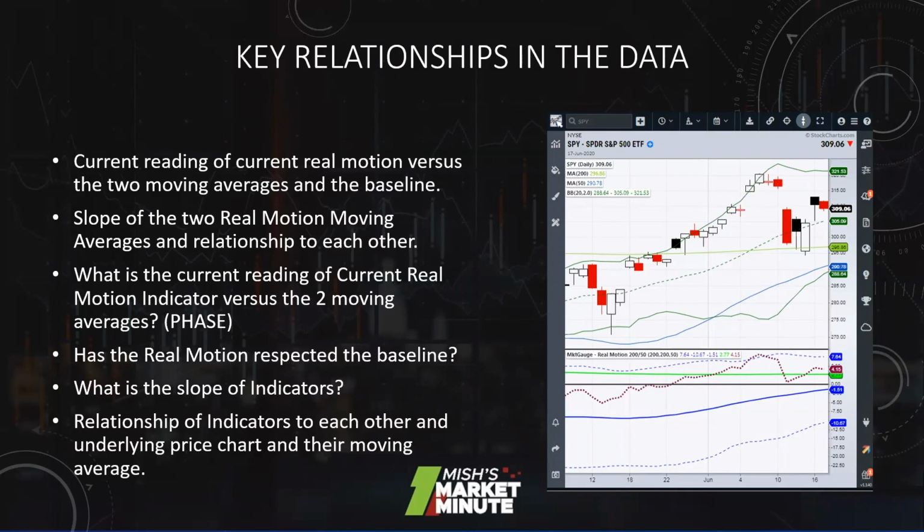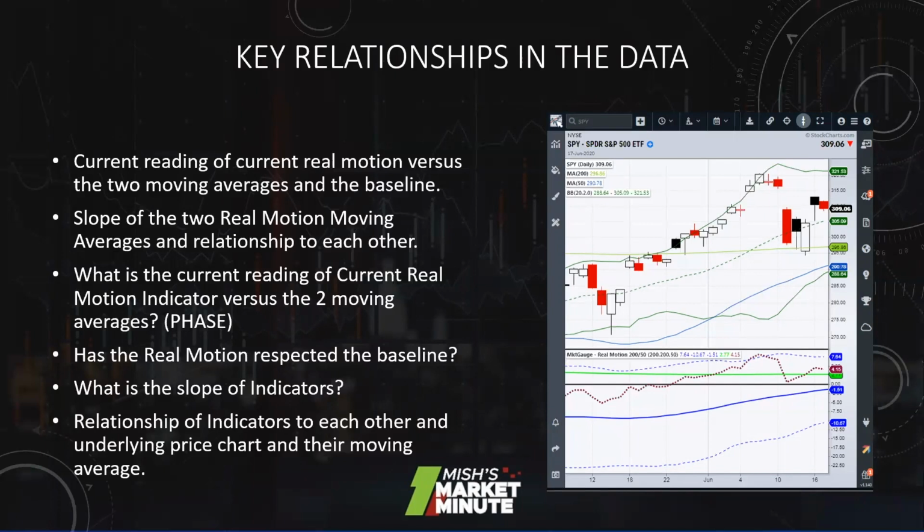We also are looking at the slope of the 2 real motion moving averages and its relationship to one another. This is very, very similar to looking at moving averages on a price chart. Same concept, except instead of it being on pure price, we're using our real motion indicator as well.